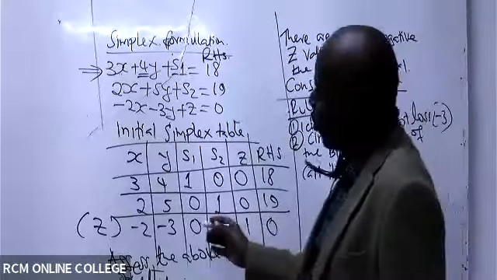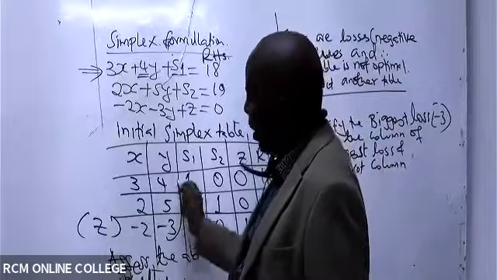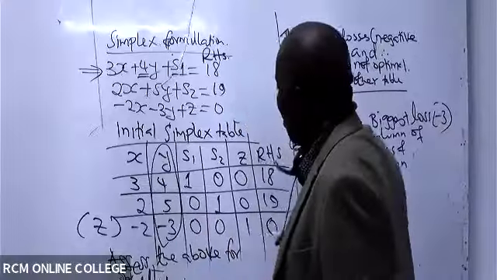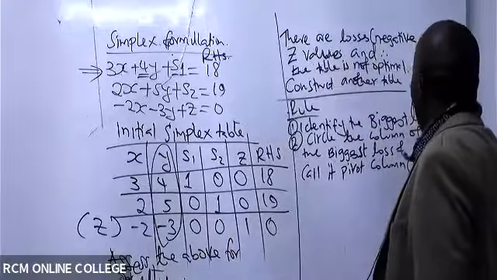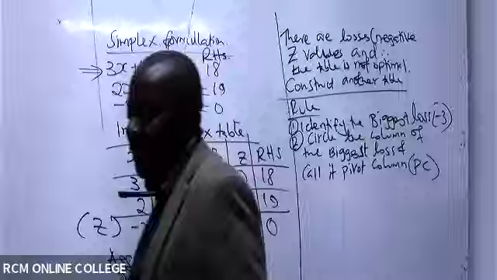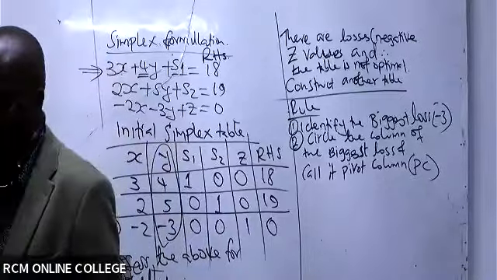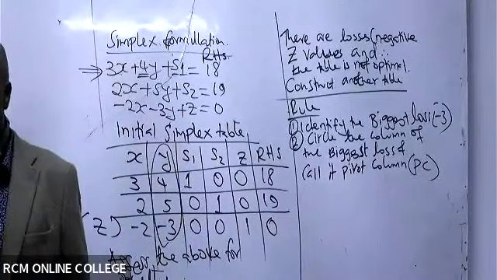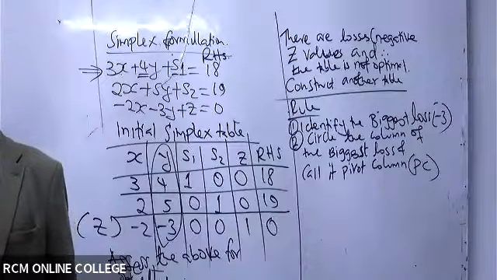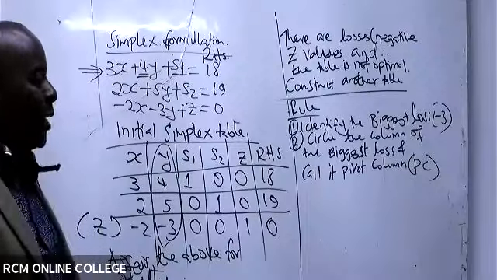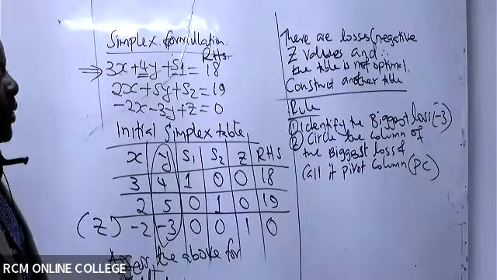So this is the column of the biggest loss. Circle it up. Call it pivot column, what we shall be abbreviating as PC.